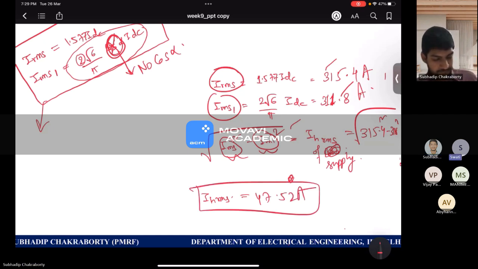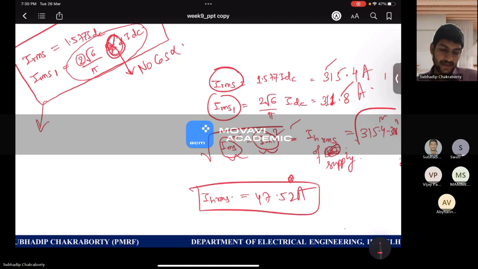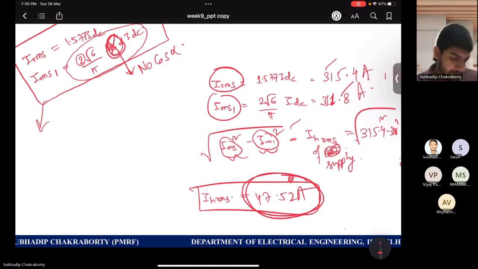Yes, sir, 47.5. Now understand that this is the harmonic content that has appeared at the supply side. If you have not provided any passive filter arrangement, but your passive filter is doing what? It is also providing some impedance, which is mitigating some portion of this harmonic current, but not completely.